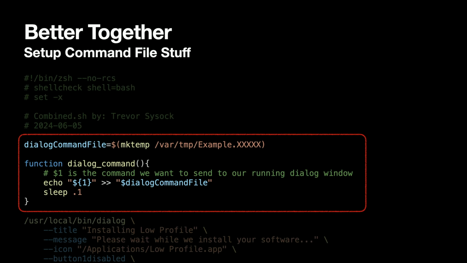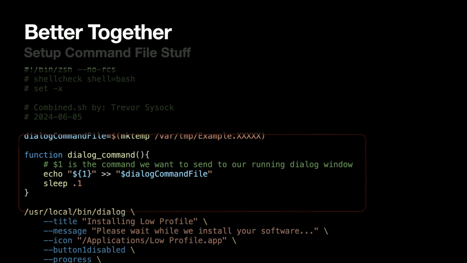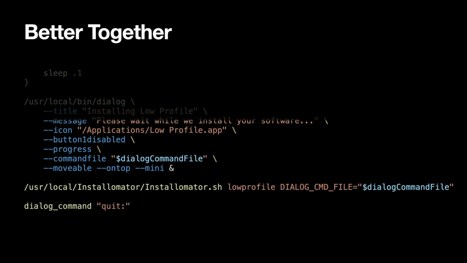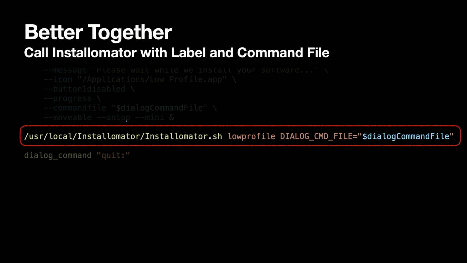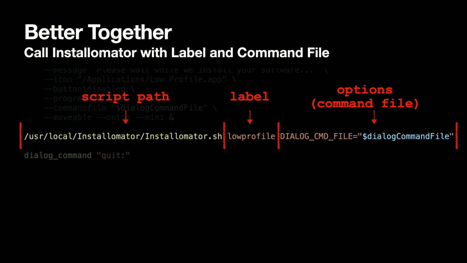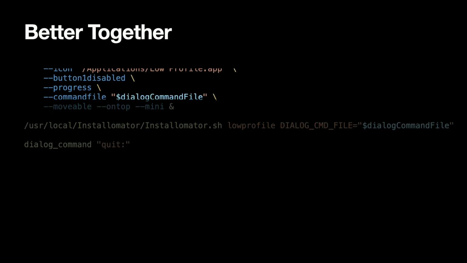I'm setting up all my command file stuff. I'm opening my dialog window. I'm running my Installomator command, and then I'm quitting that dialog window. Sorry, the Installomator command, just to specify one more time: the path to the script, the label of the application you want to install, and then the command file where your dialog window is waiting for instructions.